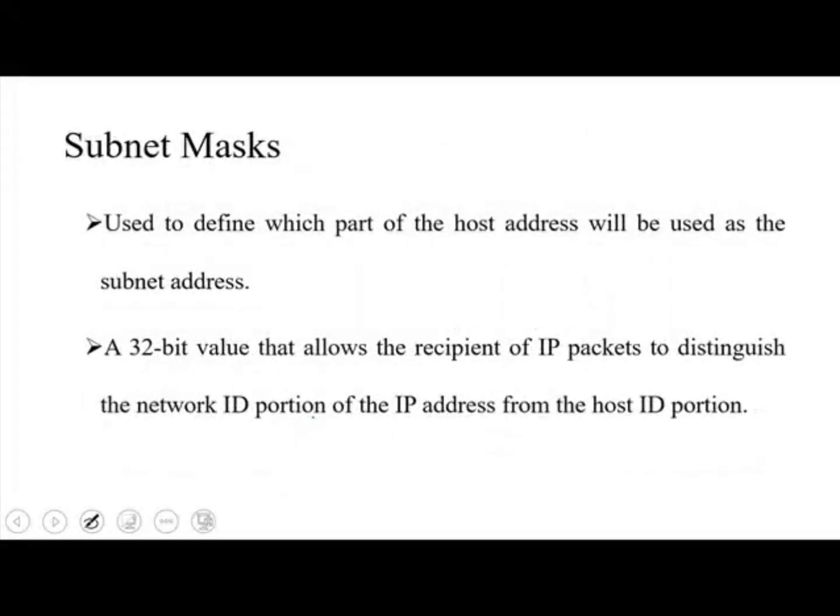Now, as we already discussed the subnet mask, the subnet mask defines what will be the network portion and what will be the host portion of an IP address when you use a particular IP address in your network or in your organization. So that is normally identified from the subnet mask information.